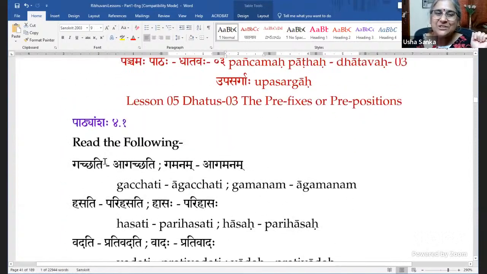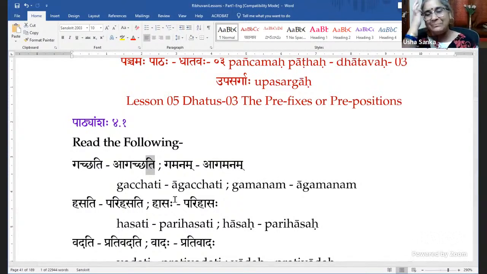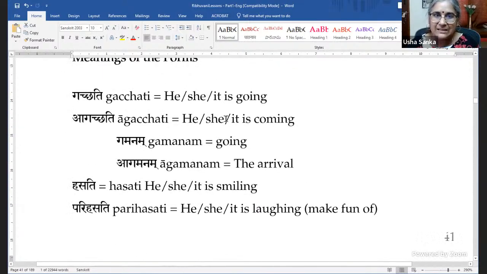See, each form, like gachati has gachatah, gachanti, gachasi, gachatha, all forms are there. So this fellow who is formed because of addition of something else in the previous part of it, it has something on its left side, and it is also ready to make all the forms, like agachati means he, she, it is coming.